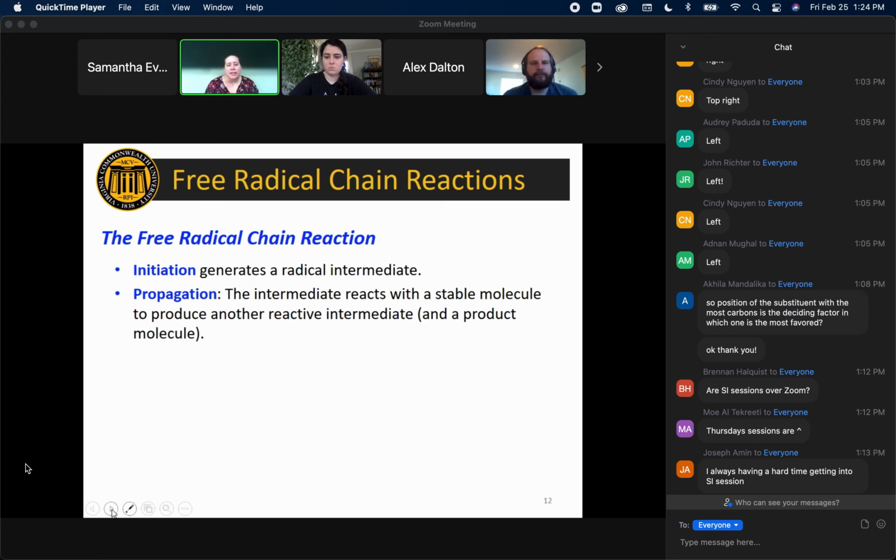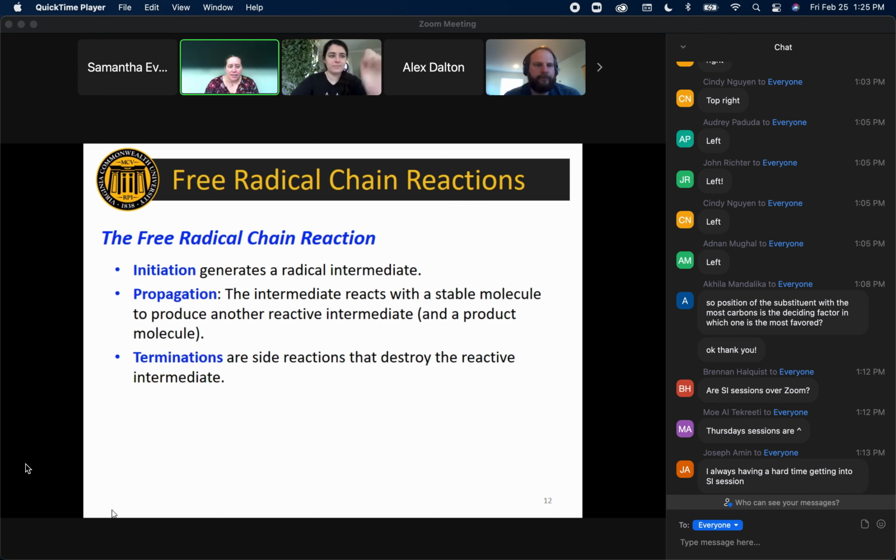What happens there is that the radical that we generated during the initiation phase starts a series of chemical reactions that produce a new reactive intermediate and a product molecule. And those go on in a cyclical fashion to generate a lot of product molecules. And again, that'll become clear when I show you the mechanism.